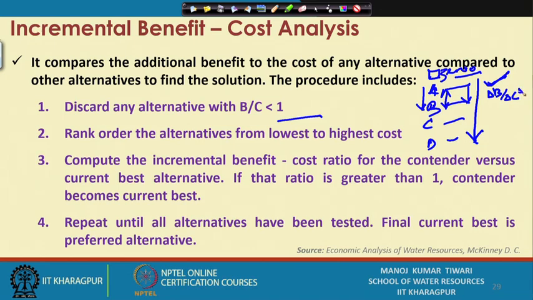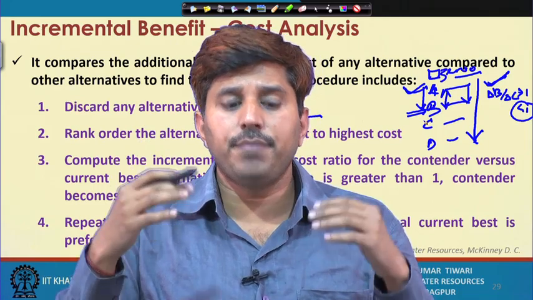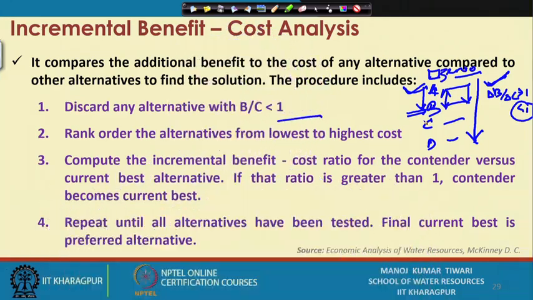If this is greater than 1, my current choice becomes B and not A, while if this is less than 1, my current choice still remains A and not B. That way the analysis is repeated until all alternatives have been tested and the final best preferred alternative is selected.